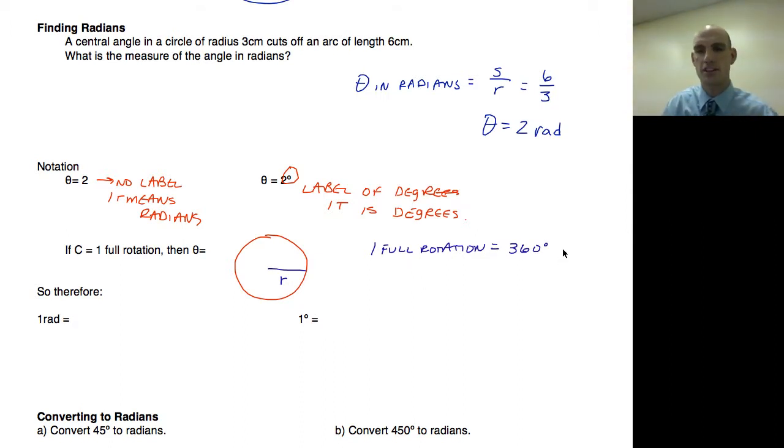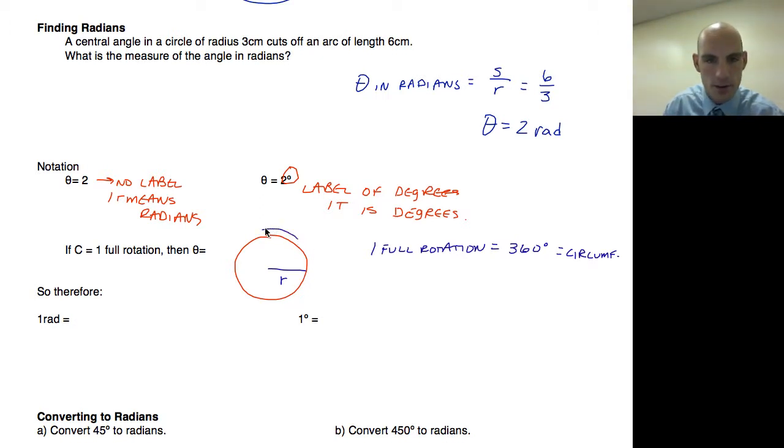Well, one full rotation is also equal to the circumference. Remember, we're trying to figure out the arc length to find radians, and so the arc length is this measurement around here, the measurement around that circle.